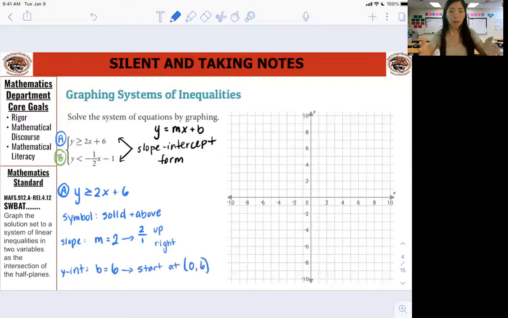Now, on a normal topic test, like the one you're going to take for this topic, you do not have to graph anything. However, on the EOC in May, you will have to graph these on your computers, using technology. So right now, don't stress about the graphing too much, because you're not really going to need it yet.